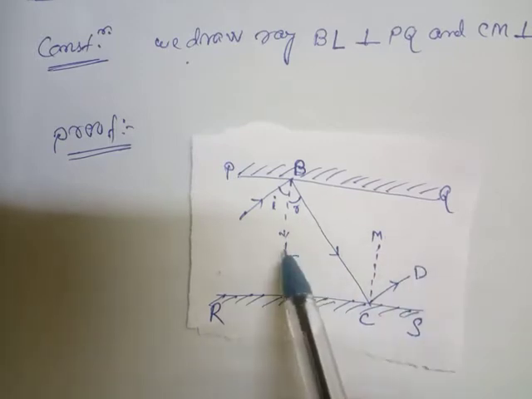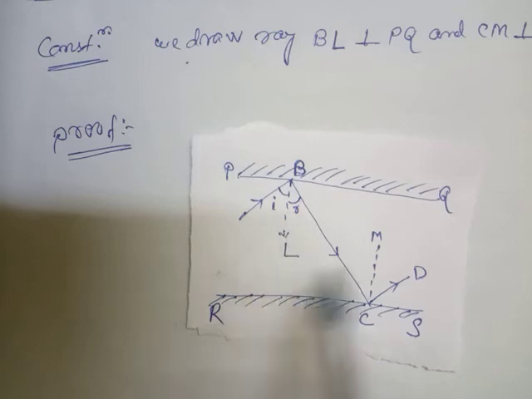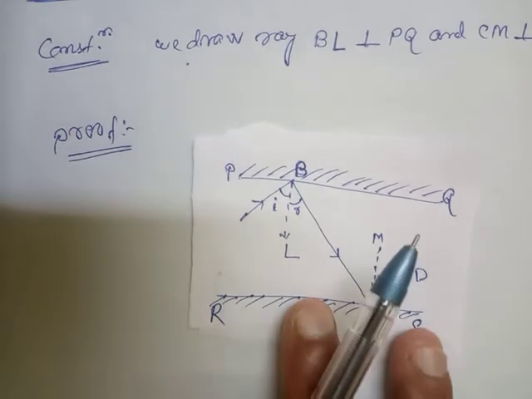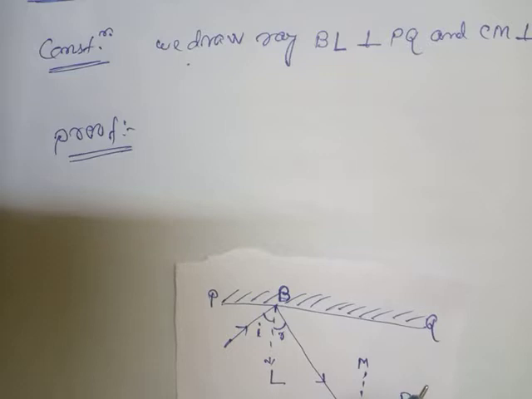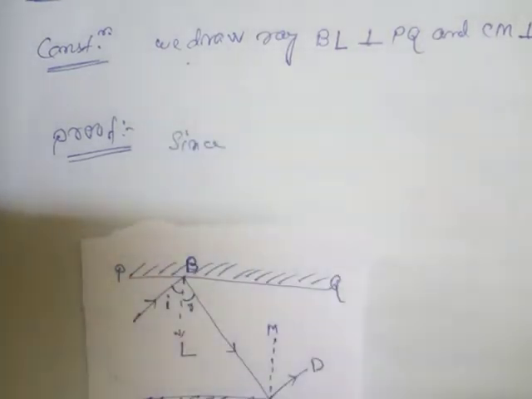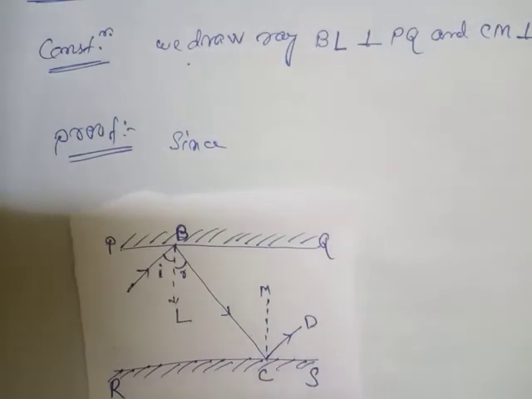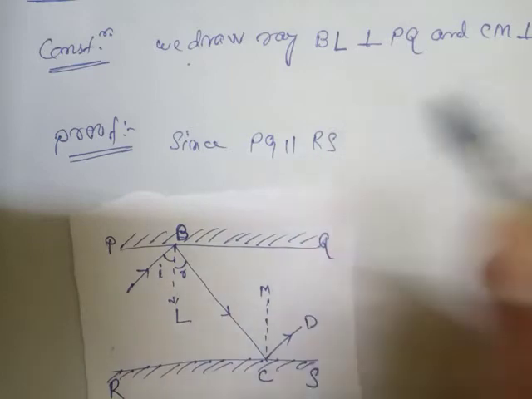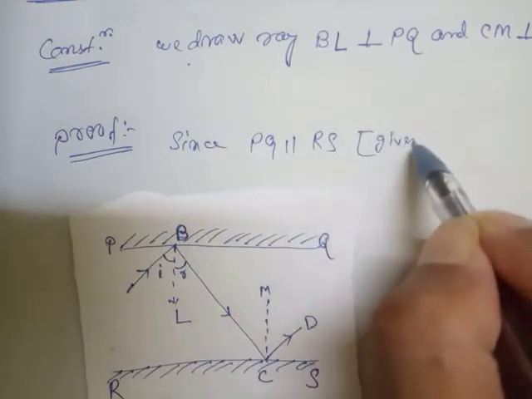If we extend here and if we extend there, these two are also parallel, and BC is the transversal between these BL and CM. So students, what will we write here now? Look, I am writing that answer. Since PQ is parallel to RS, it is given, so we'll write down here given in the bracket.